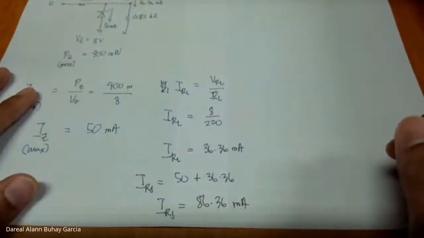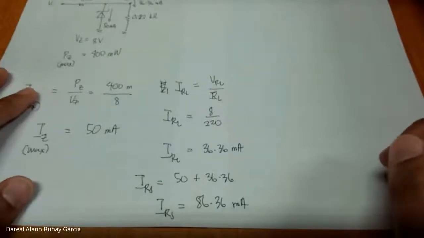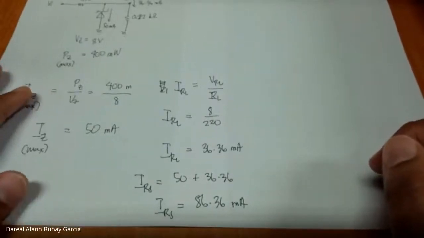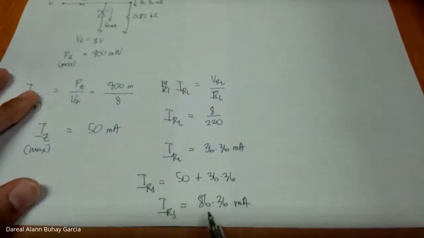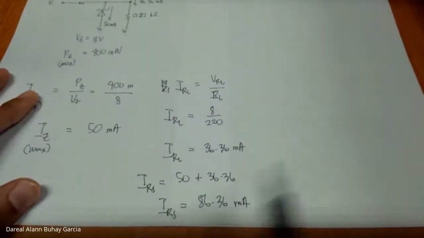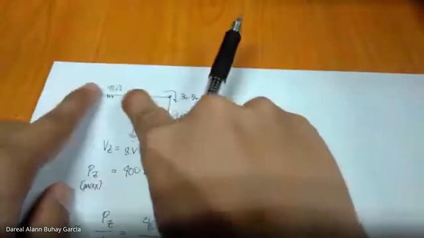At this current flowing here, how much is the voltage drop?